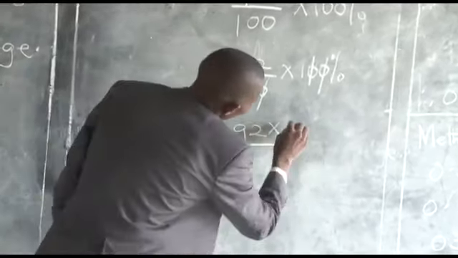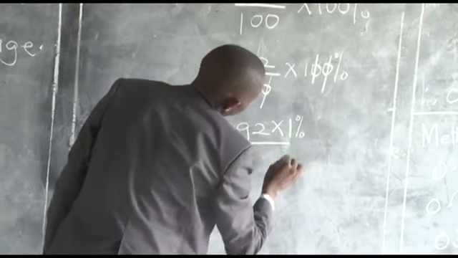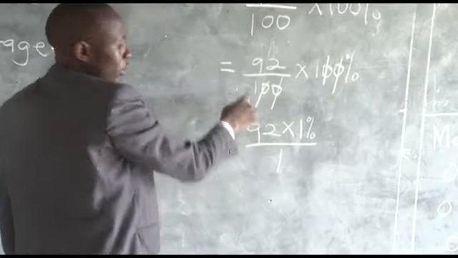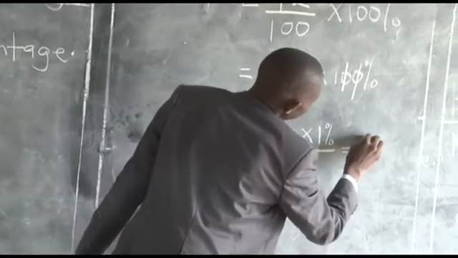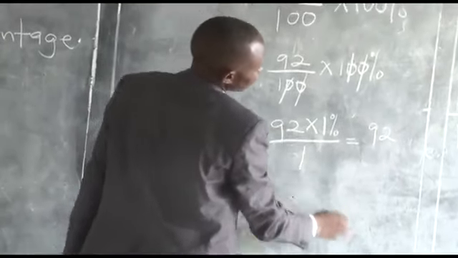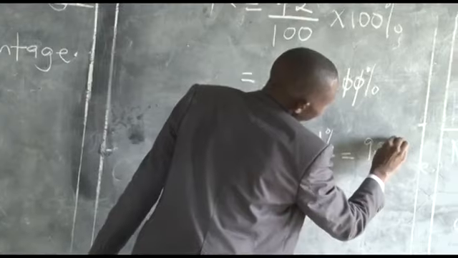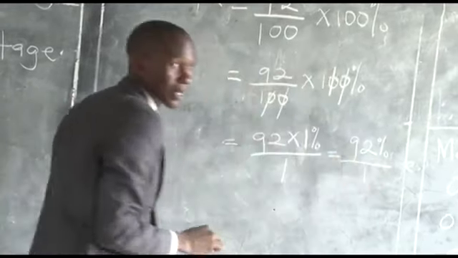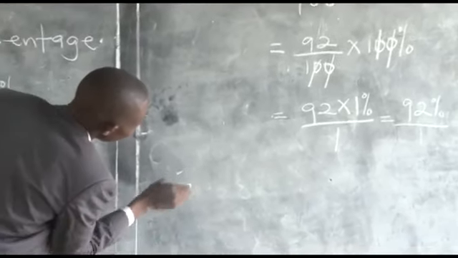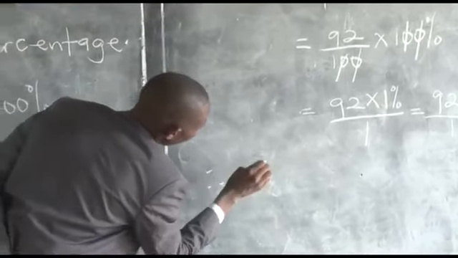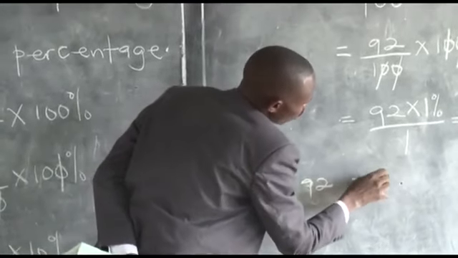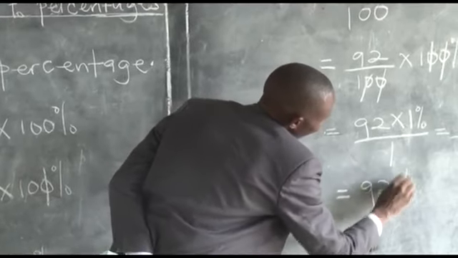So this will finally give us 92 times 1%, which is 92% out of 1. Then I'll come here on my last step and say, therefore, 0.92 is equivalent to 92%.